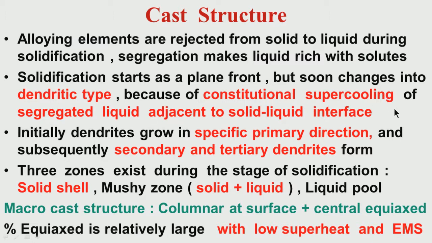All alloying elements will cause segregation, more or less. The distribution of these alloying elements in solid is always less, solubility is less. So, solids will have a smaller amount of solutes and more in the liquid. So, liquid is becoming more and more rich as solidification progresses. This is called constitutional supercooling. So, the liquid steel adjacent to the solid-liquid interface will have more segregation.